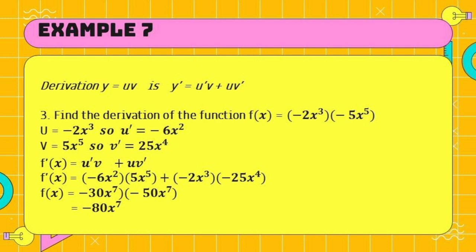And then -30x^7 plus -50x^7, and the answer is -80x^7.